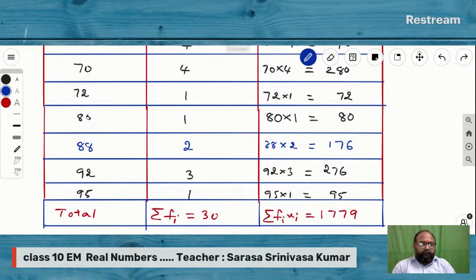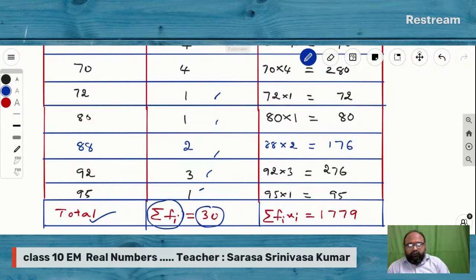So we write total. The second column represents Fi. The sum of all these observations gives us sigma Fi equal to 30.